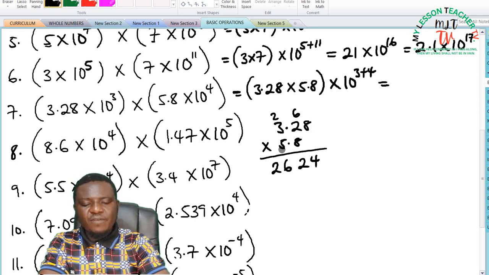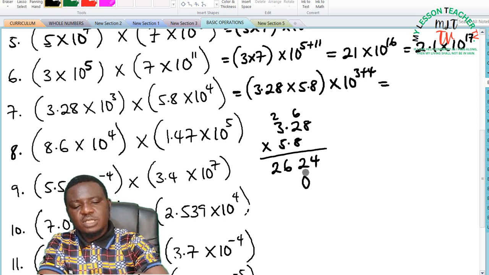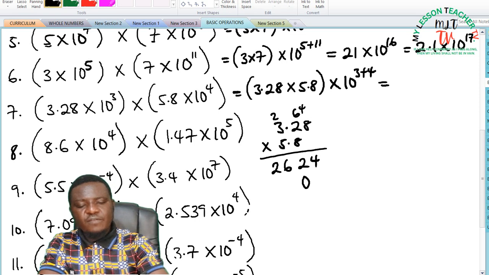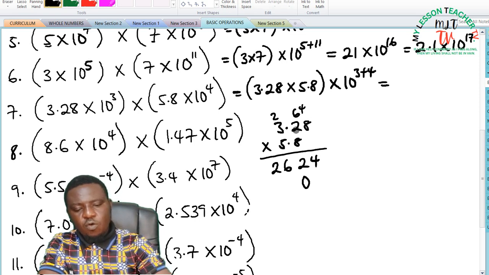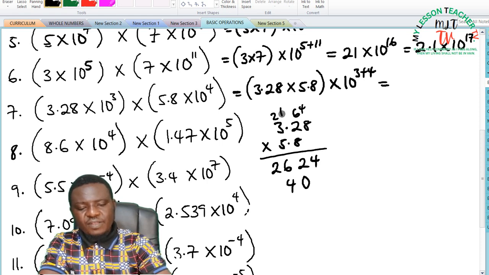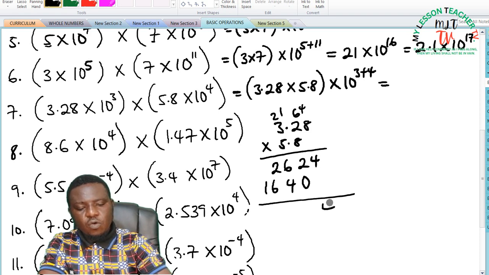We then multiply by 5. 5 times 8 is 40. 0 carry 4. 5 times 2 is 10. 10 plus 4 is 14. 4 carry 1. 5 times 3 is 15. Plus 1 is 16. This gives us 4, 2, 0. This is 9, 1.